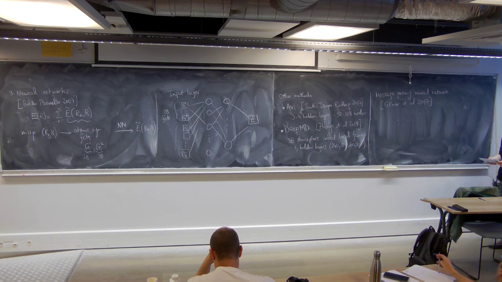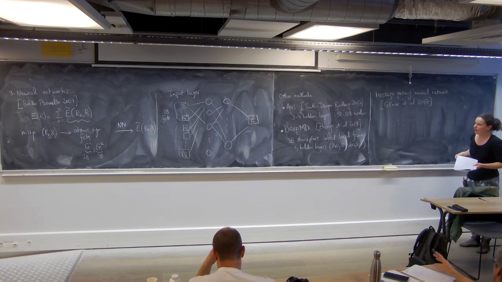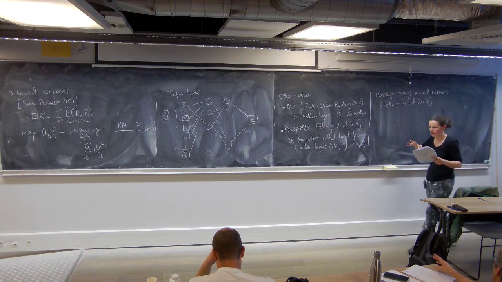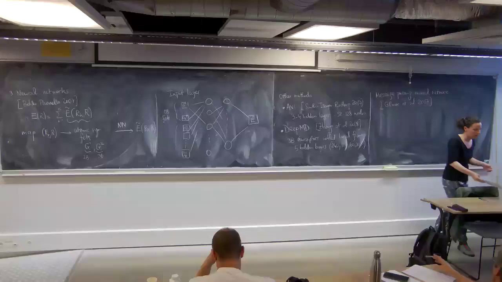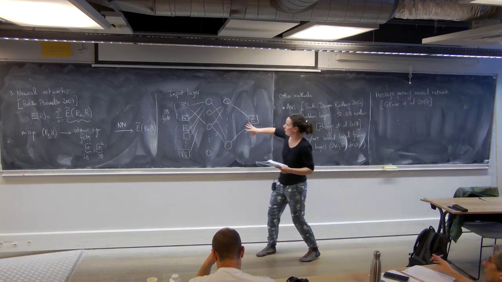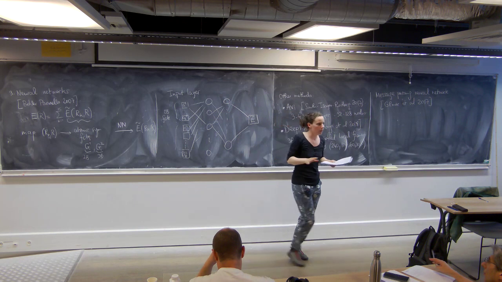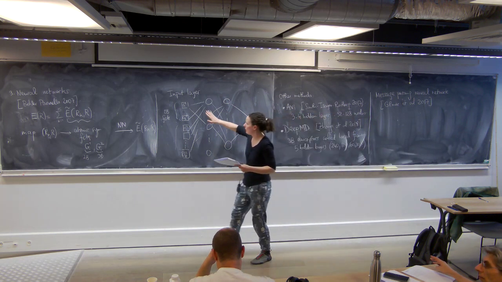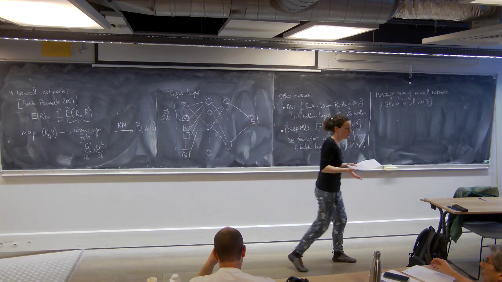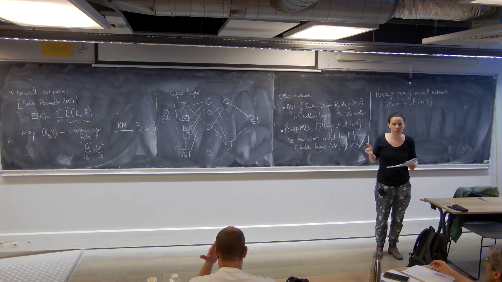Okay, so the main idea behind message passing neural networks is to take into account the 3D structure of the molecule to build the neural network. So somehow we forget about the first part of pre-building descriptors as an input to the neural network.